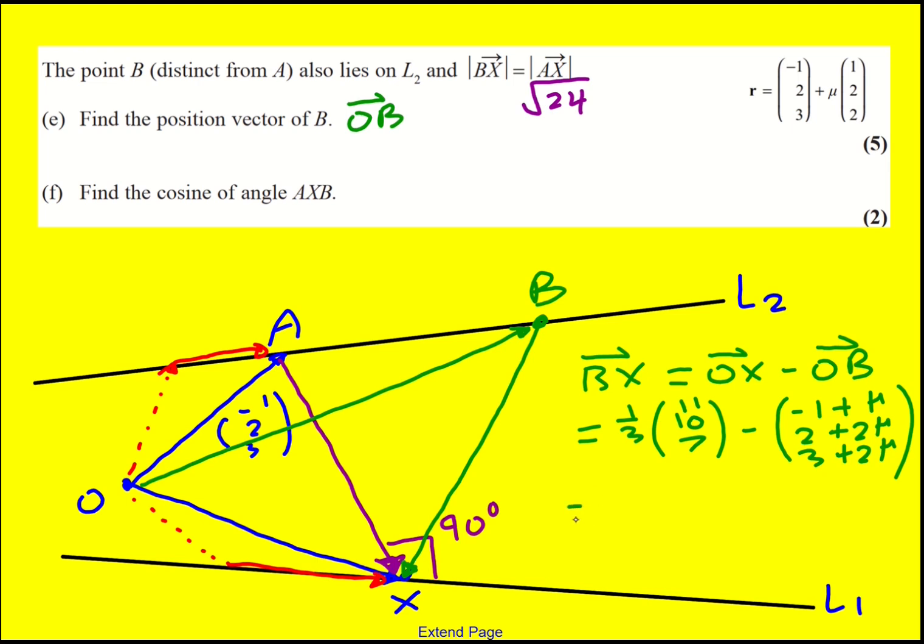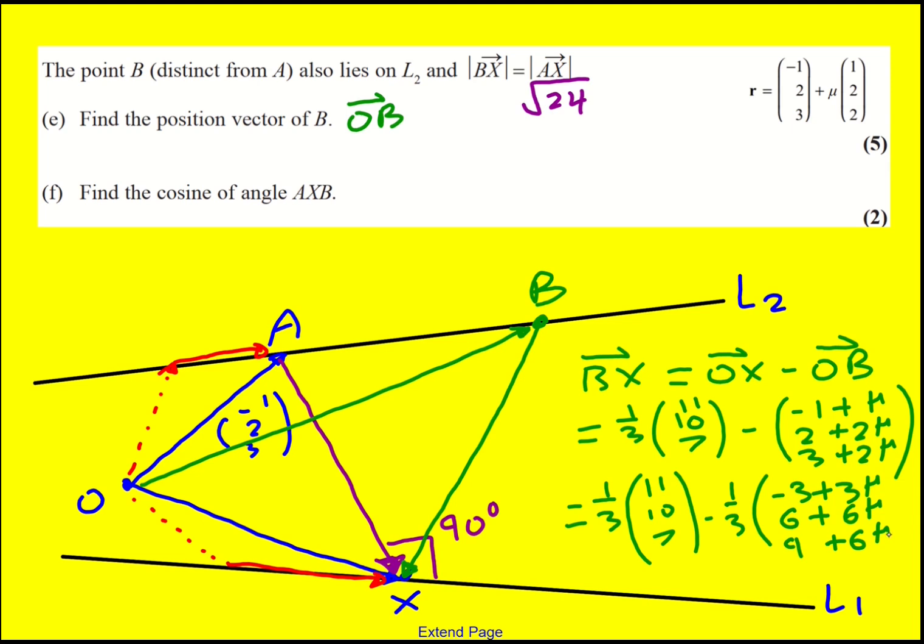I'll keep the factor of a third outside. So it'll be a third, (11, 10, 7). Do you know what? I'm just going to put an intermediate step in, minus a third, and times everything through by 3. Minus 3 plus 3 mu, 6 plus 6 mu, 9 plus 6 mu.